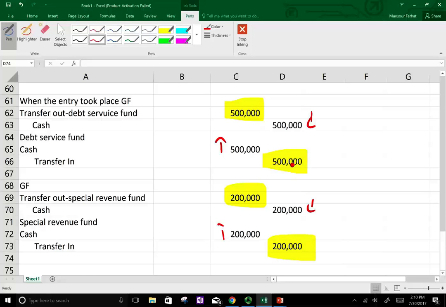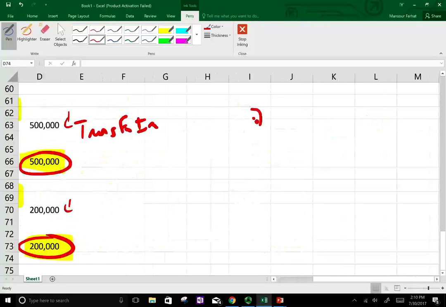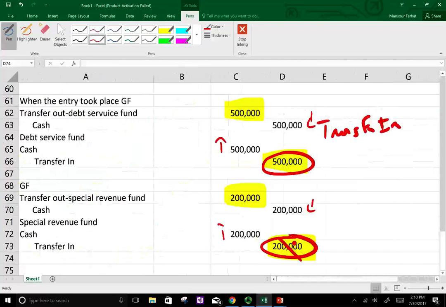So all we have to do now is the opposite. For the transfer in, we have a credit of $700,000. We're going to debit transfer in $700,000. Now the transfer in is gone; we eliminated it.